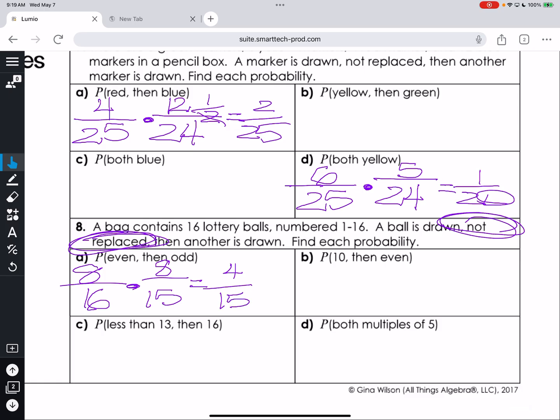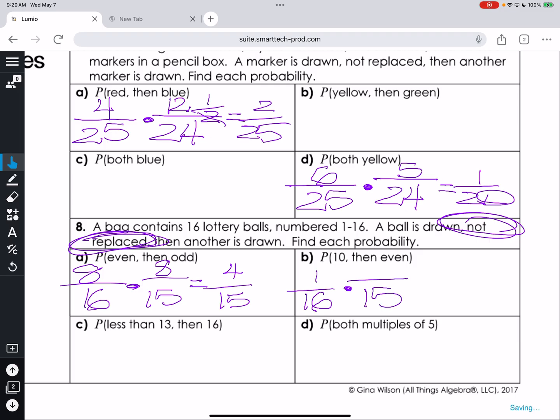Do B. Yeah, B. This matters. How many 10s do we have? 1. So we have 1 over 16. But now we take it and don't put it back in. So what's our denominator? 15.